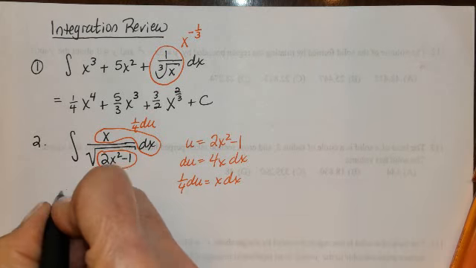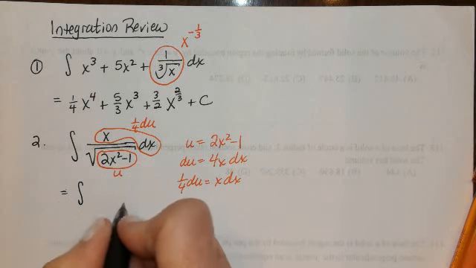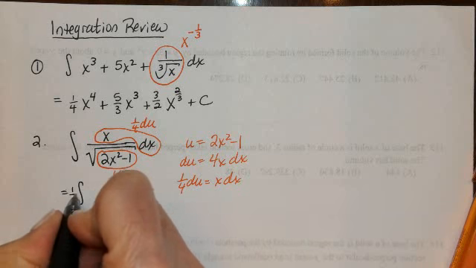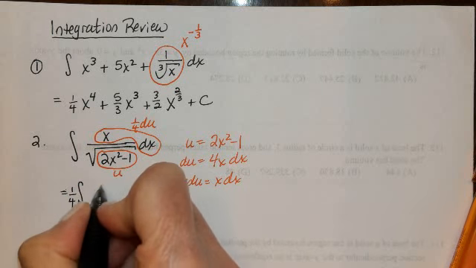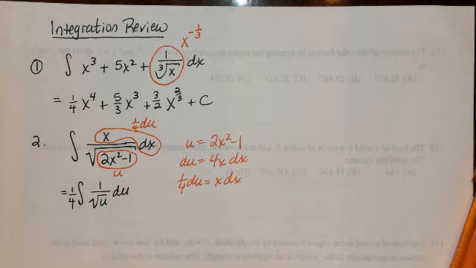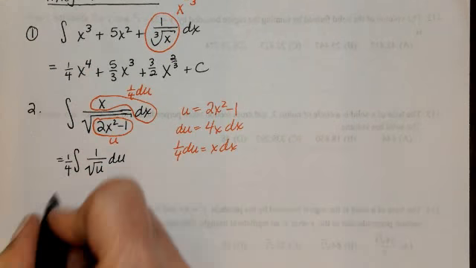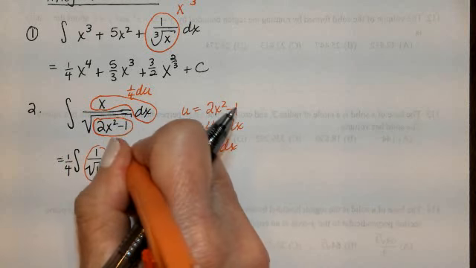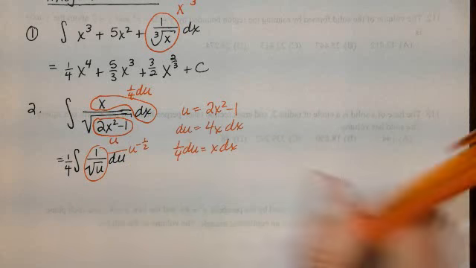So this becomes the integral of 1/4 du. I can move the 1/4 outside. 1 over square root of u du. And now we're back to something that we can use the power rule on. So again, I'm thinking of this as u to the negative 1/2.